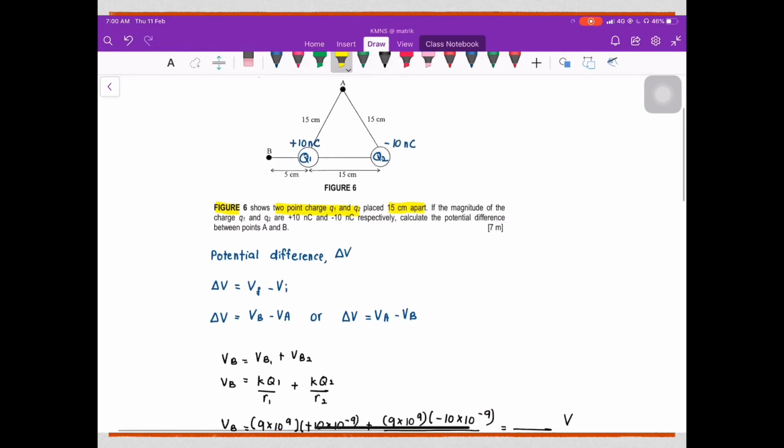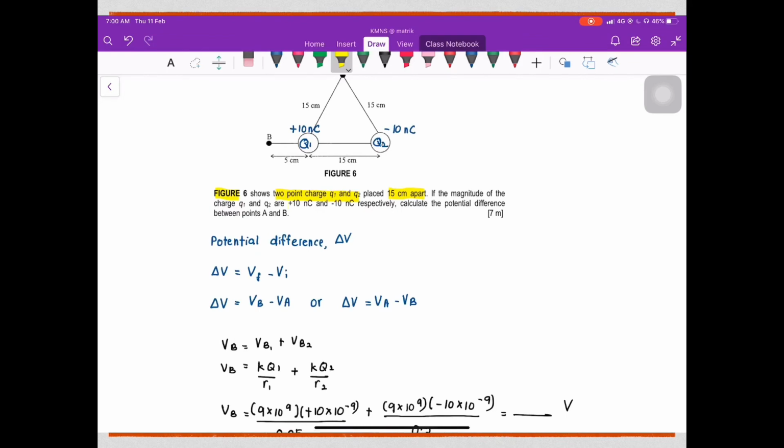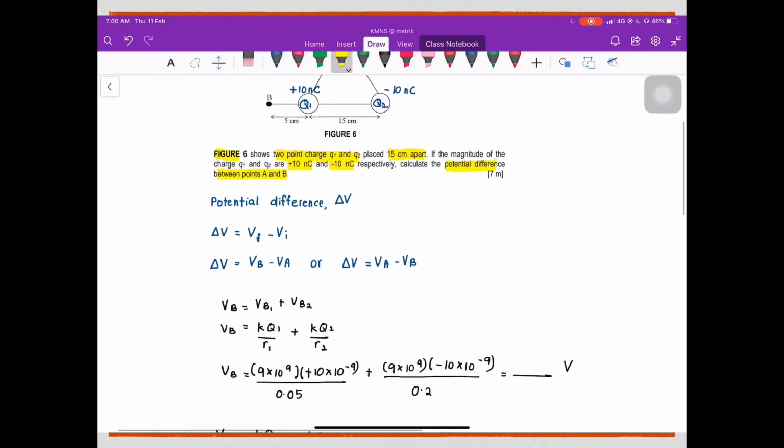If the magnitude of Q1 and Q2 is 10 nanocoulomb each, positive and negative, calculate the potential difference between A and B. So the concept is delta V equals V final minus initial. It doesn't matter if you use VB minus VA or VA minus VB.